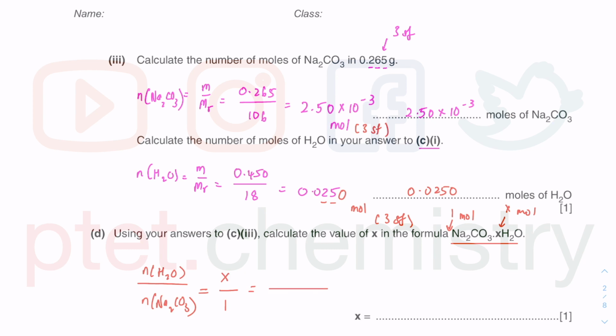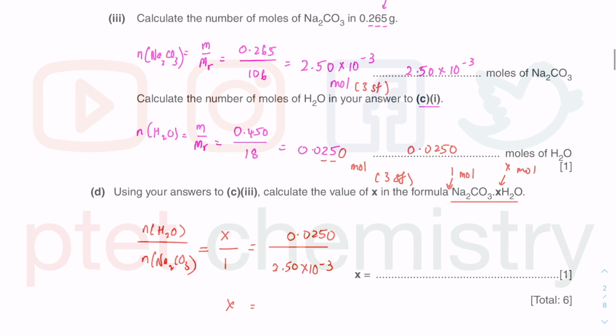This is the actual amount of sodium carbonate. I put sodium carbonate at the bottom, so I have to follow through based on my own label. These workings are based on your own answer and your own handwriting. Of course, you move up the 1, it shouldn't matter because anything multiplied by 1 is just going to be itself again. And I get x equal to 10. If you don't get this as a whole number, you should always round it to the nearest whole number because that's consistent with water of crystallization being a whole number. So that's the end of that first question there.